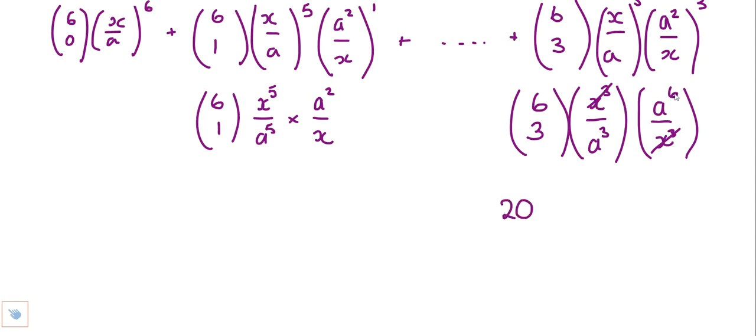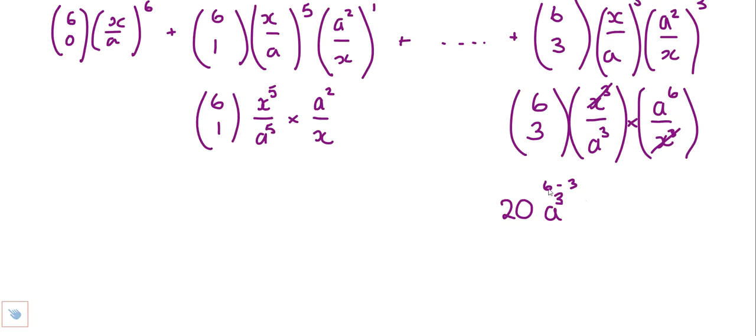Then I've got to simplify a to the power of 6 divided by a to the power of 3, so it'd be a to the power of 3 left over because we subtract the powers. Alright, so the 6 minus the 3 gives me the 3. So that's my term, that's my constant term.